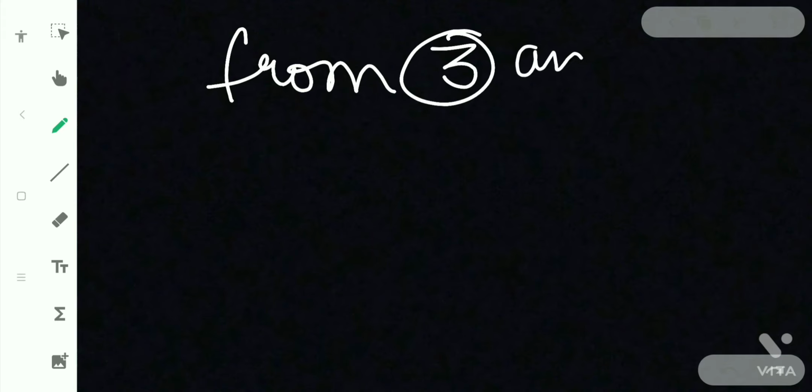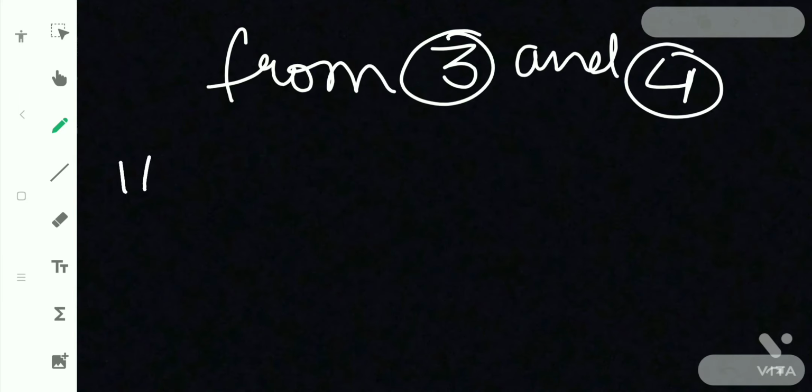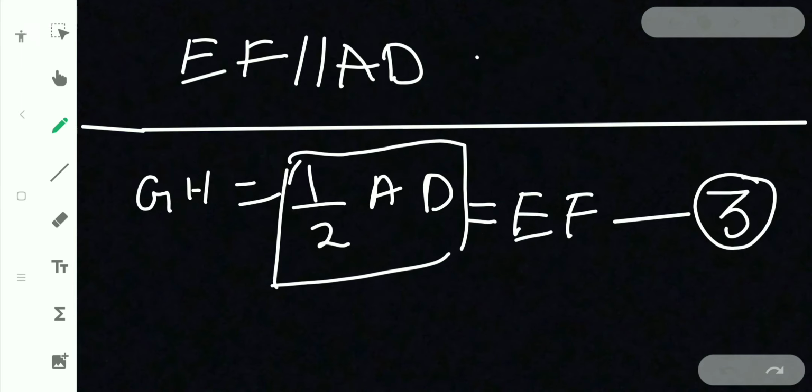Now from equation 3 and equation 4, HE is equal to half of BC and GH is equal to half of AD is equal to EF.